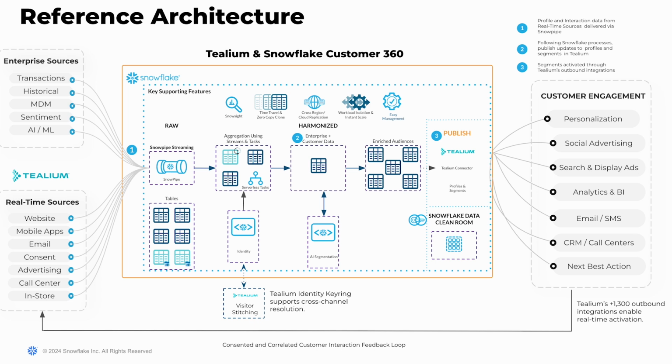From there, we're going to have all the different enrichments, aggregations, and resolutions as it pertains to harmonizing that data and enriching it within Snowflake. We'll come back to the visitor stitching box at the bottom as we move from step 2 into step 3. Just to close the loop, on the other end of this is where we'll be leveraging Snowflake as a data source inside Tealium.